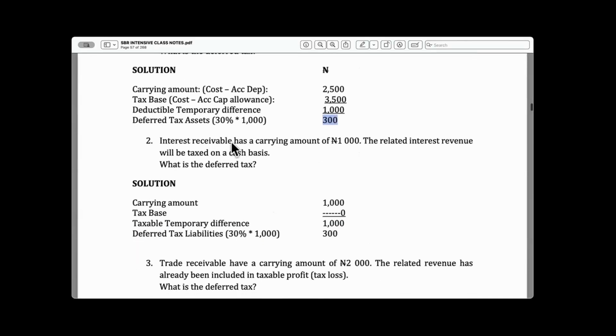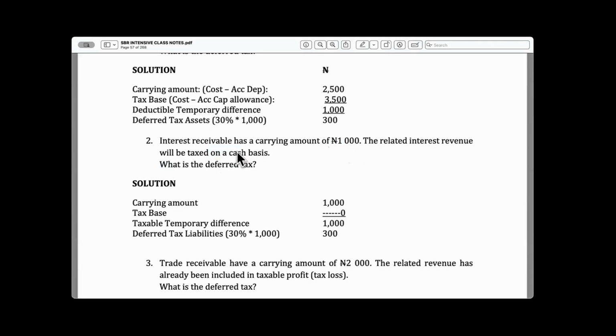Also, there's an interest receivable that has a carrying amount of 1,000. The related interest revenue will be taxed on a cash basis. It therefore means that I have an interest receivable that I put in my books of 1,000. The taxman is saying that I am not going to tax this until you actually receive it.